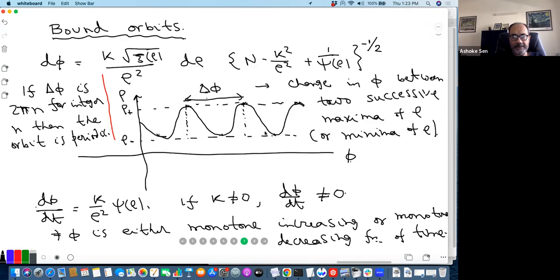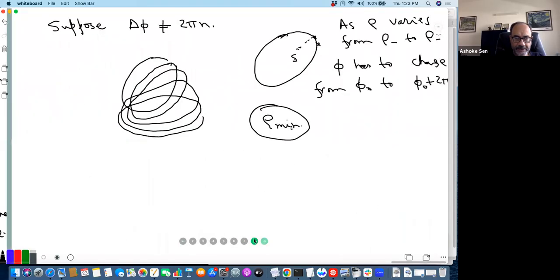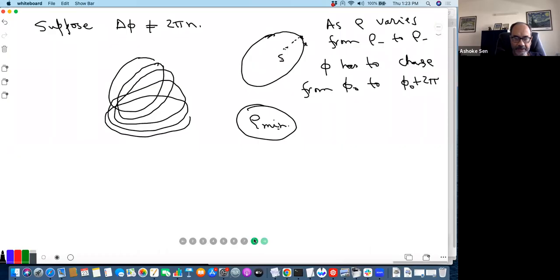So the minimum is reached at different points in space, which is not the case for an elliptical orbit. Is this clear? So let me say it again. The goal is to calculate delta phi.